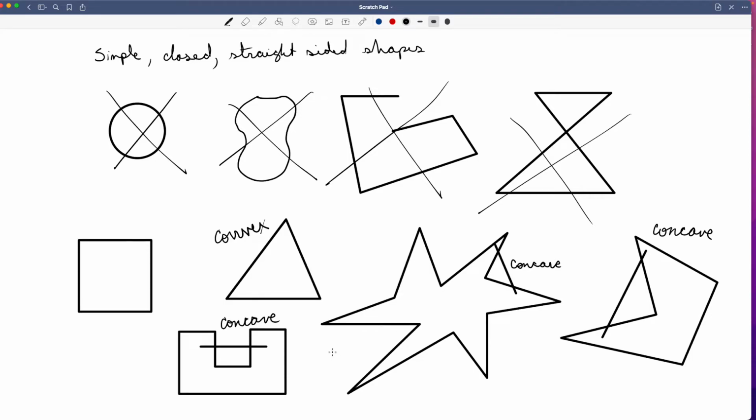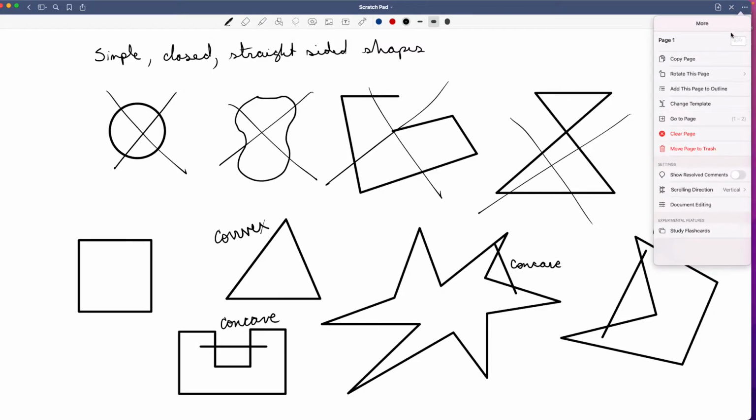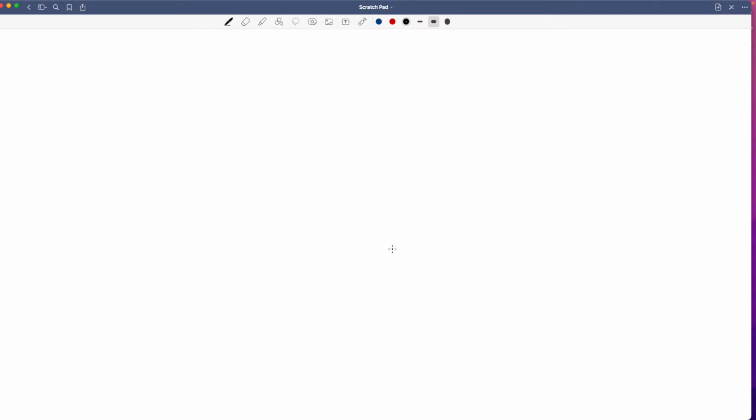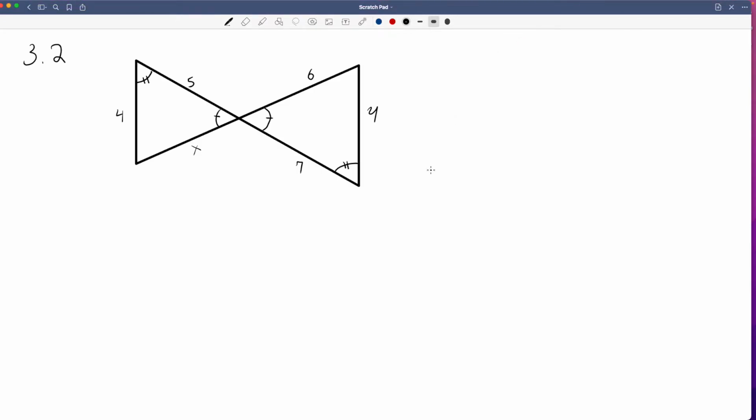Right? Okay, moving on. Let's talk about similar triangles and how we can find missing information. I think actually the best way to do this is just to jump into one of the example problems. Let's do 3.2. Let me pause and I'll draw it for us. All right, here's example problem 3.2. We have two similar triangles here, and we can see by these angles in the center that we have some vertical angles.